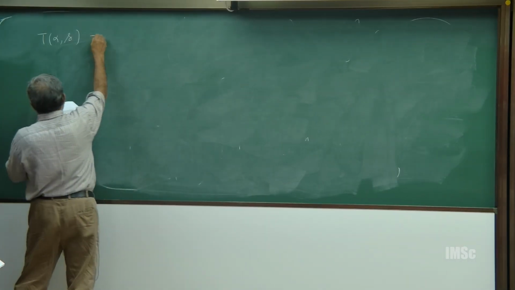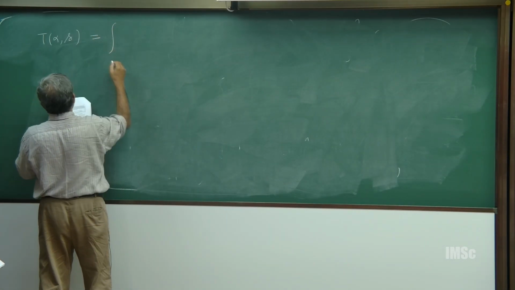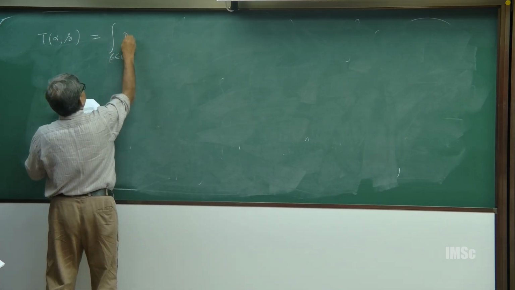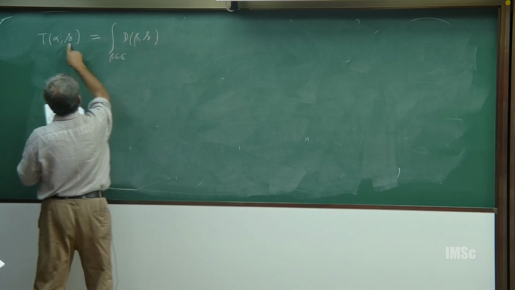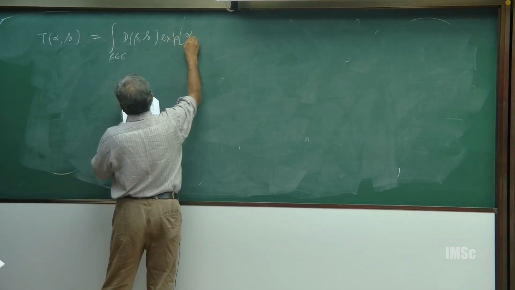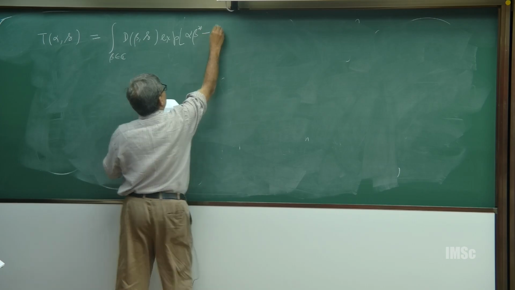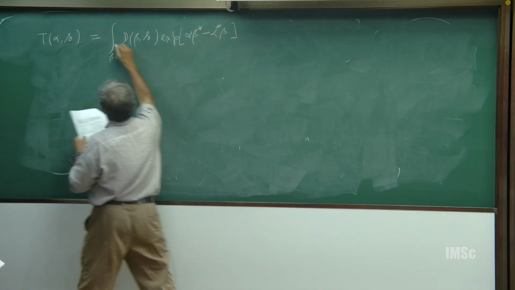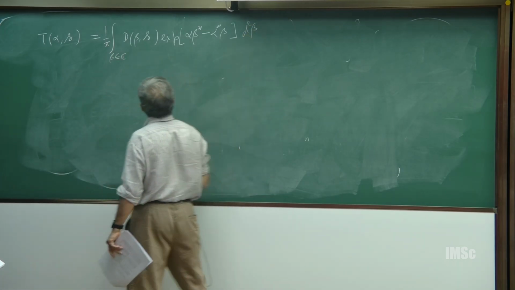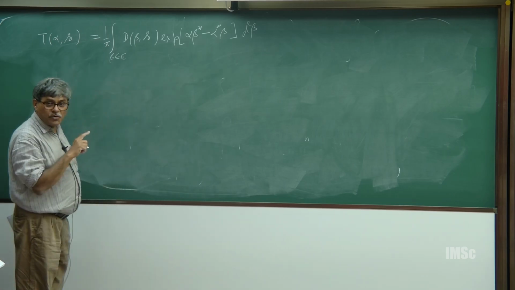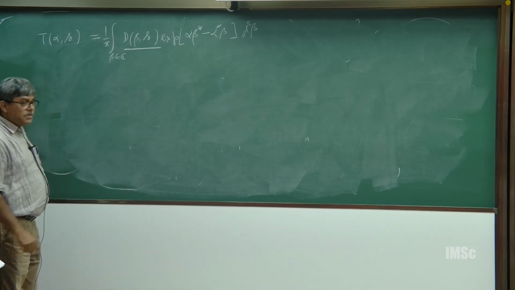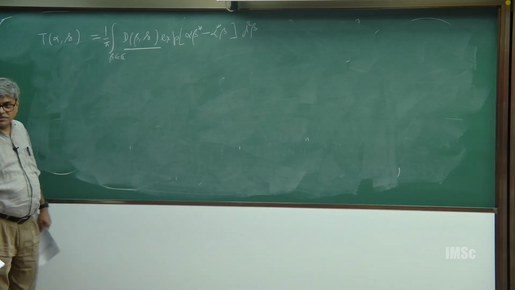For any fixed s, this is the integral over beta belonging to C of D of beta, s, times exponential of alpha beta star minus alpha star beta, times 1 upon pi, d square beta. You see that it is a complex Fourier transform of this modified displacement operator. This is my new operator T of alpha, s.